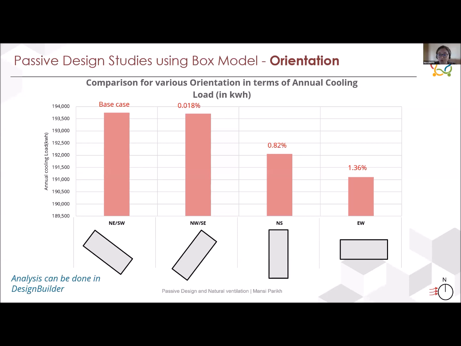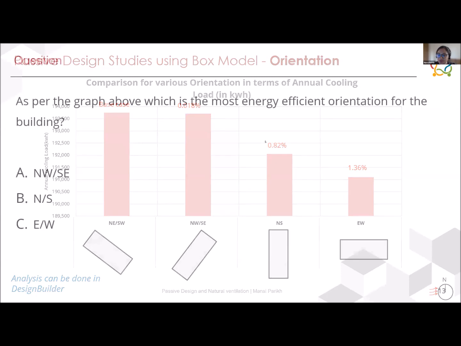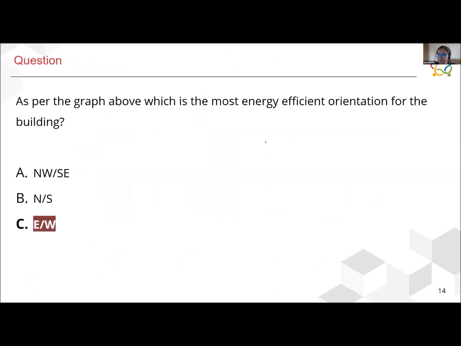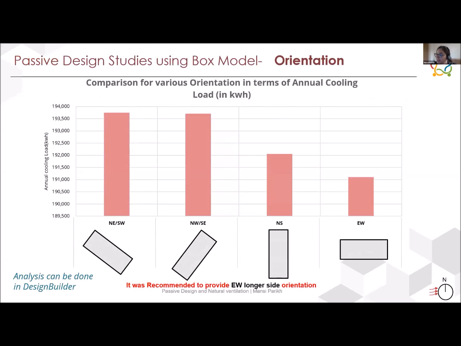Interesting. So, okay, the answer here is east-west. Why east-west is simple. You have maximum amount of annual cooling savings in this particular case.